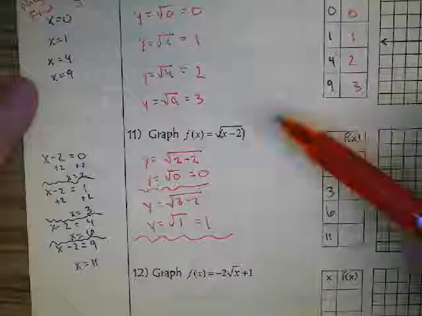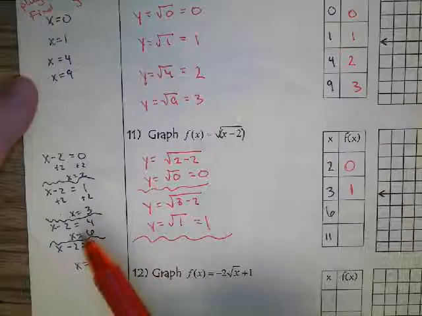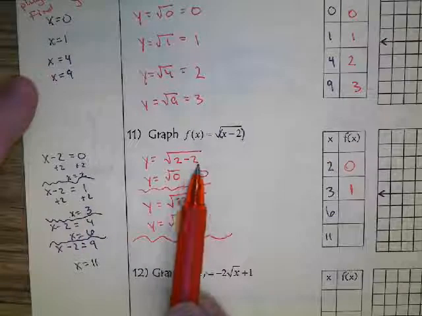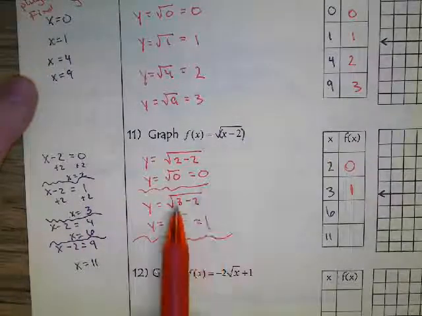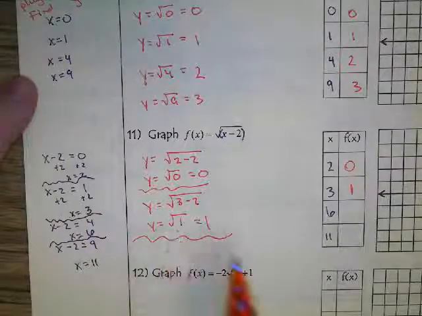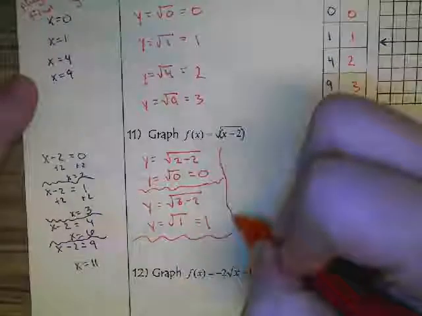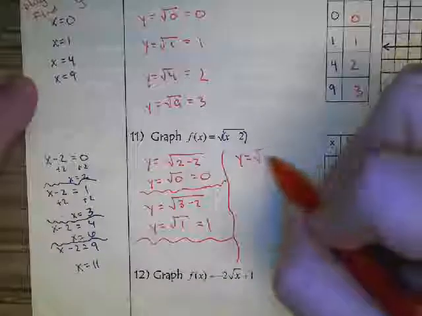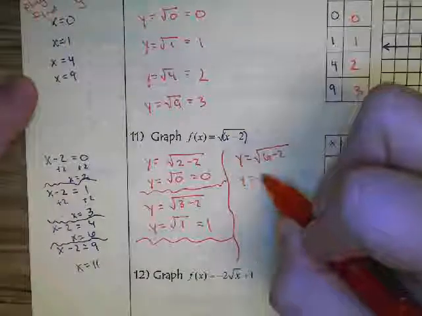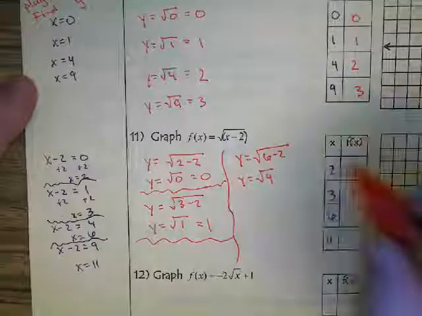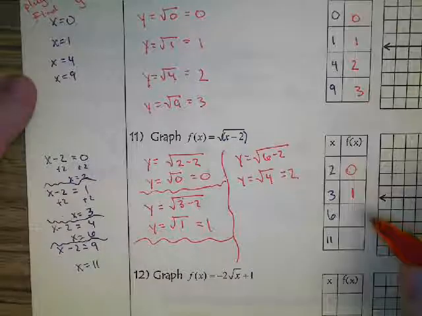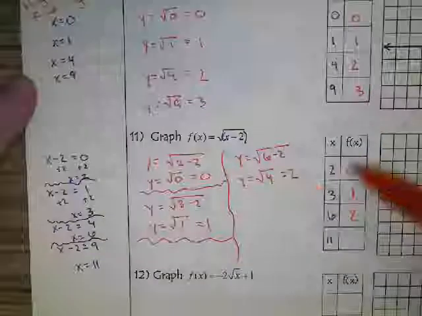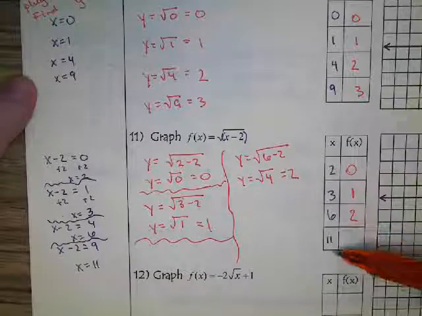And so are we seeing how by finding these perfect numbers, I get perfect square roots. Square root of 0 is 0. Square root of 1 is 1. So let's look at the other ones. If I'm plugging in 6, y equals the square root of 6 minus 2. y equals the square root of 4, which is equal to 2. So I'm getting these perfect square roots by having these perfect x's to plug in.